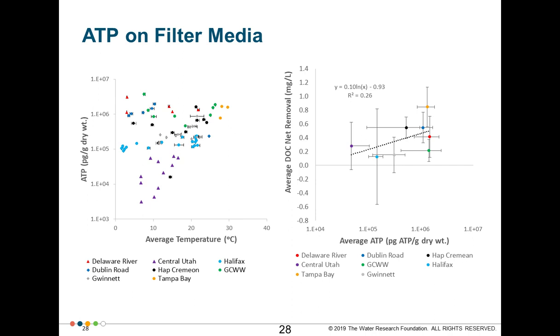So it was not a direct correlation with temperature at the same facility. Similarly, with organic carbon removal, there was really a lot of scatter in the data and no direct correlation there. So this is another indication that ATP is measuring biomass as opposed to biological activity, because we know bioactivity is influenced by both temperature and substrate utilization.